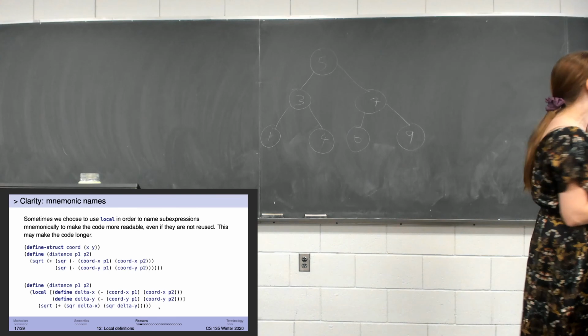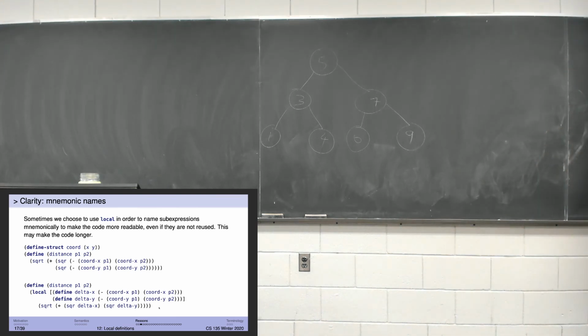Okay, but this is kind of hard to read because you've got this extraction of the x coordinate, extraction of the y. It's weird. If I take the same code and I use a local, you might think that this is more complicated, and in a way it is, but it's also more readable because I've created a constant for the difference in x coordinates, and I've called it delta x, which delta usually means a difference.